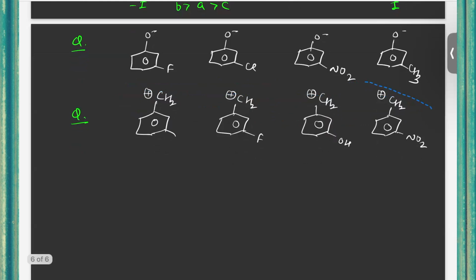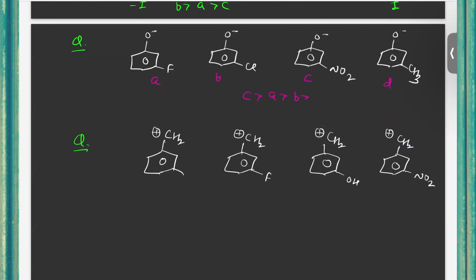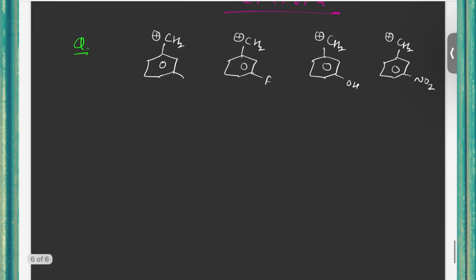So for the first one, the order is C, A, B, D, sir. C, A, B, D. Very good. And Anirudh, your answer is also the same? Yes, sir. Very good. Okay, second one.